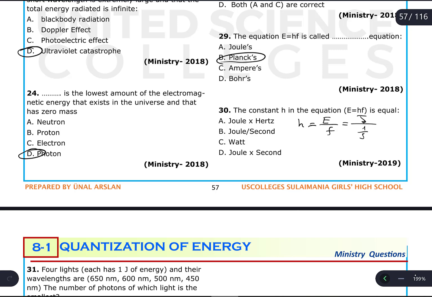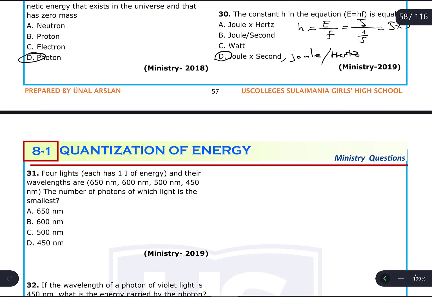When you flip this 1/second, it becomes joule times second. Joule times second. Or you can say joule divided by hertz, also possible. So joule divided by hertz also can be answered for this question.